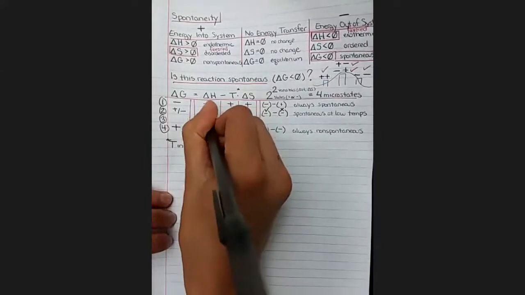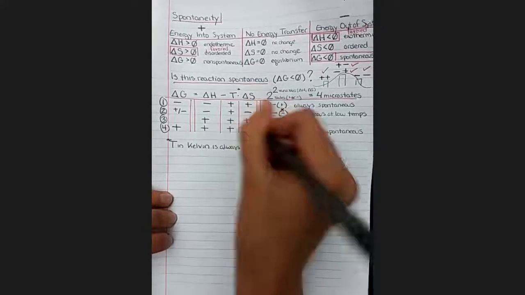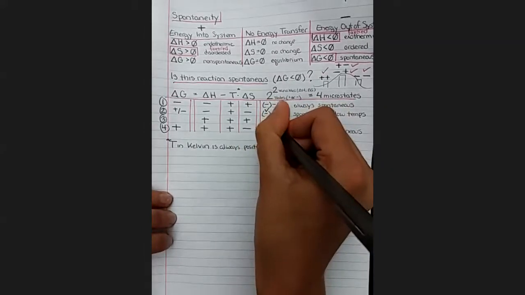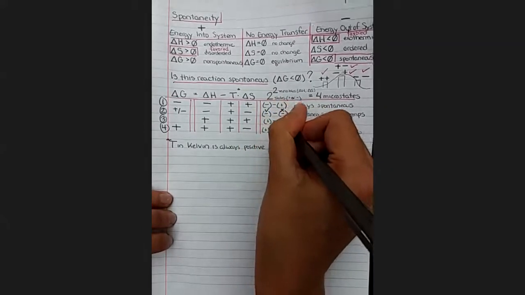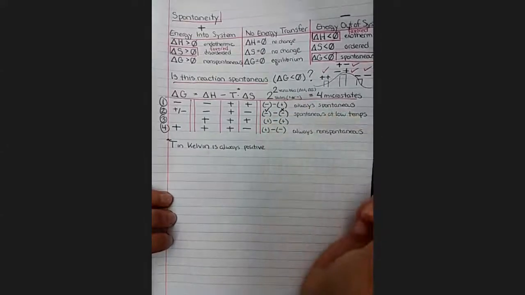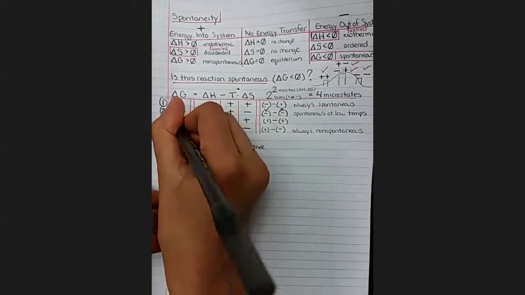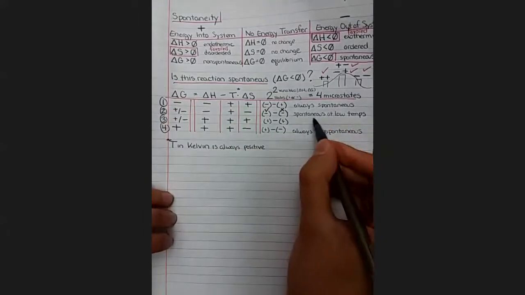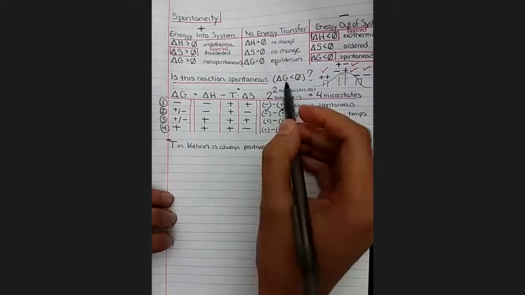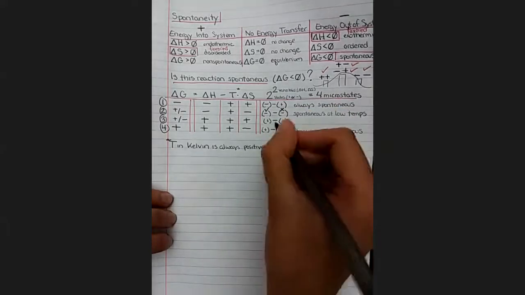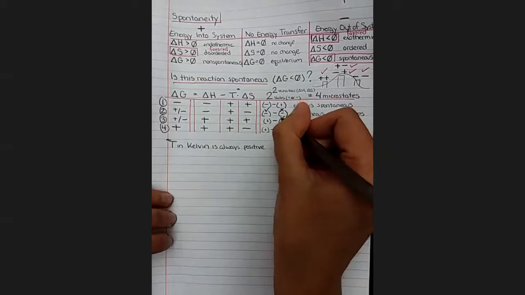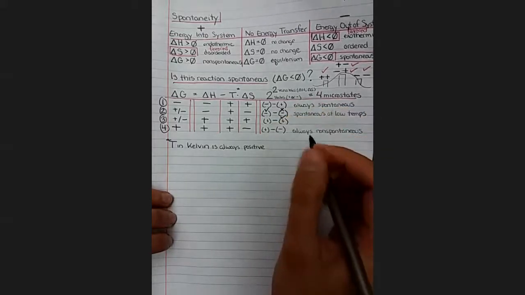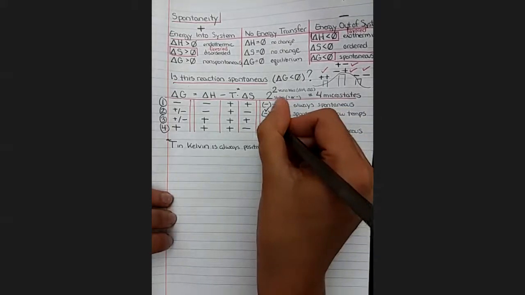So positive delta H, positive delta S. We are going to have positive number minus positive number, and it's going to depend. So how can we influence it? How can we influence it and push it towards a spontaneous reaction? We want delta G to be negative. So this is our negative term, so we want that to be as big as possible. And the first term is going to be a positive term.